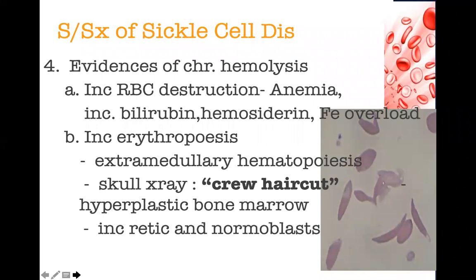As a result of a hyperactive bone marrow, it may result in what we call a crew-cut appearance of the skull bones on X-ray. This is a result of a hyperplastic bone marrow trying to compensate for the destruction of the red cells. There would also be increased reticulocytosis as well as normoblasts on the peripheral smear.